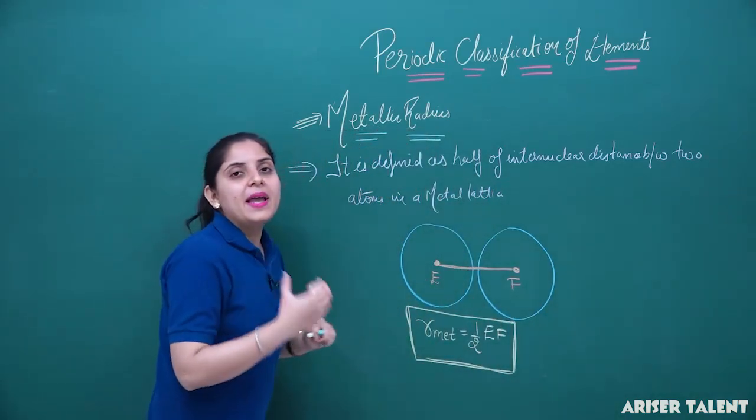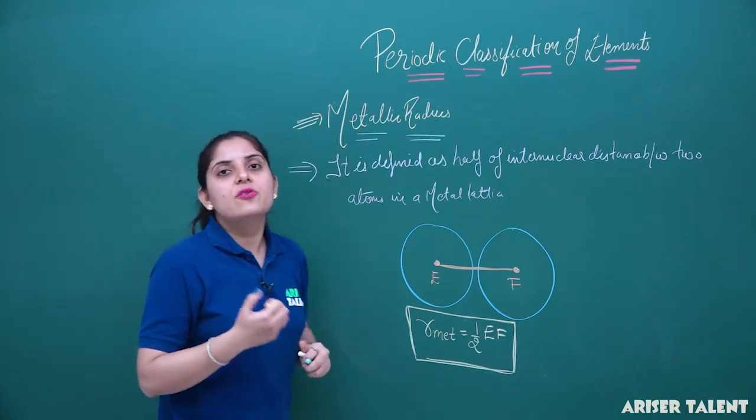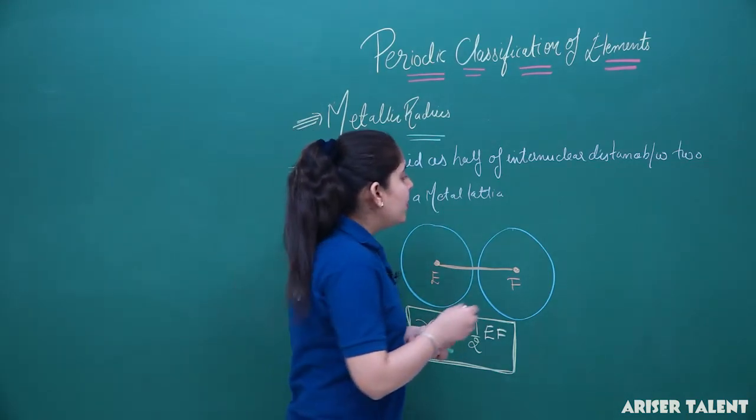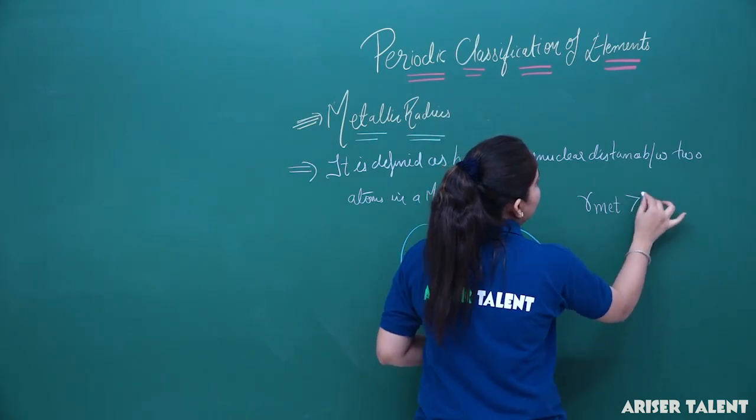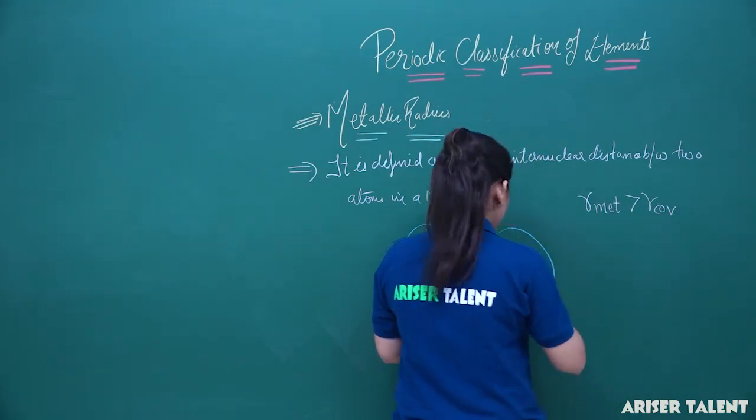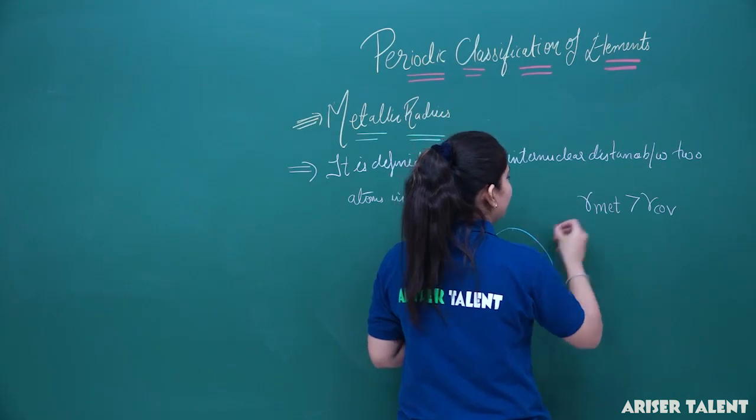Now, metallic radius is generally greater than the covalent radius. So we can say that R metallic will be greater than R covalent.